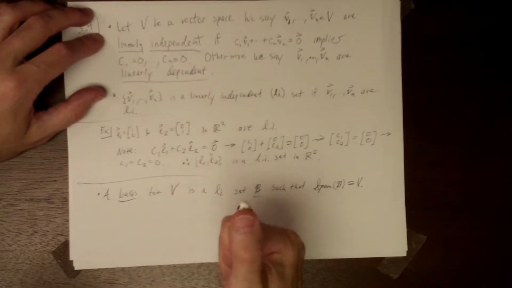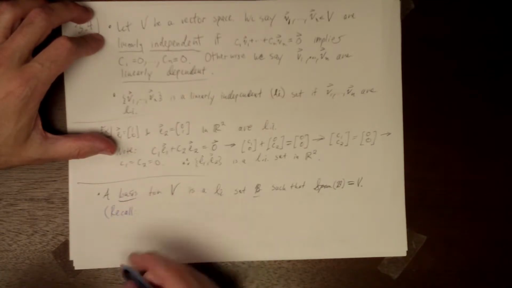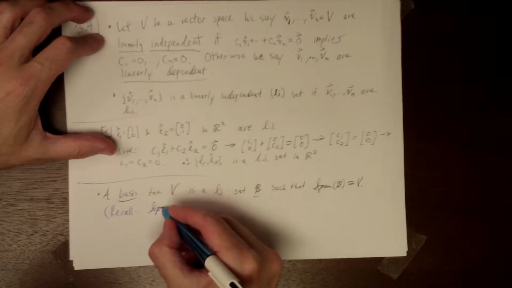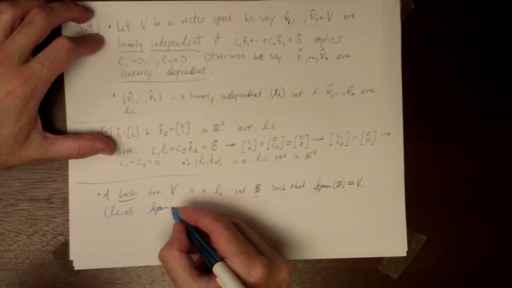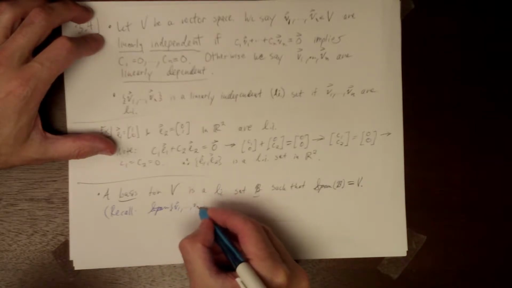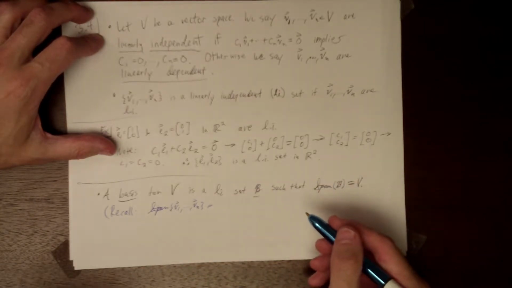Recall the span of a set of vectors like V1 through Vn in general is the set of all the linear combinations of the vectors V1 to Vn.